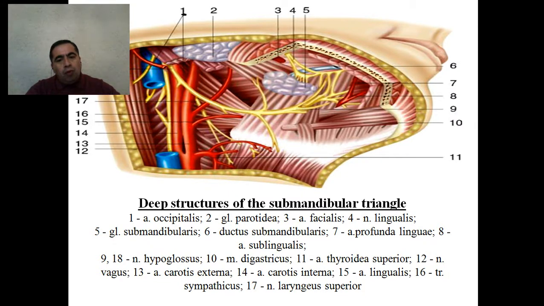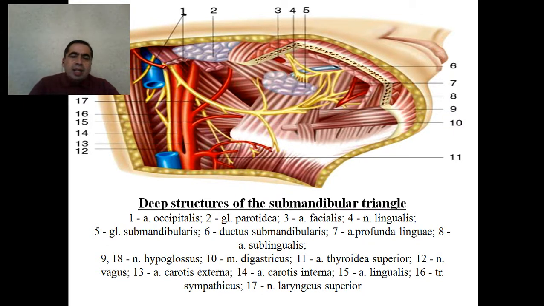Its roof is formed by the hypoglossal nerve, and its importance is that during bleeding from the lingual artery, we can ligate the lingual artery only in this triangle.